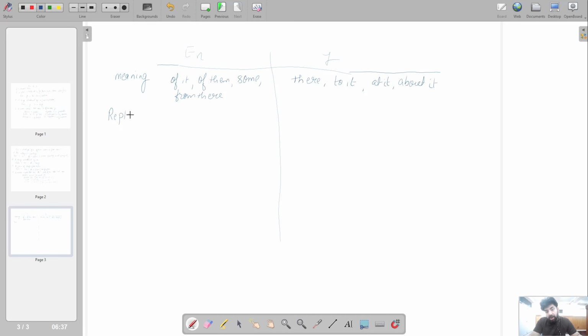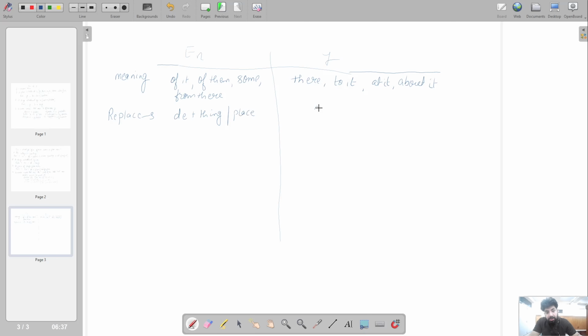Instead of something which I have to say, I can write en. So if I have de and I have to write a thing or a place, then I can use en.